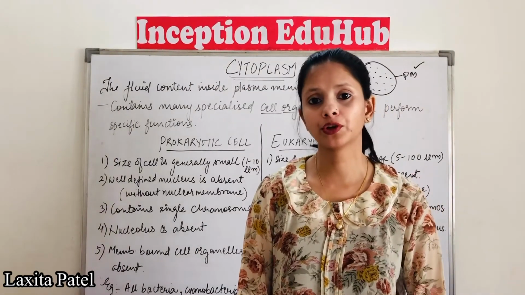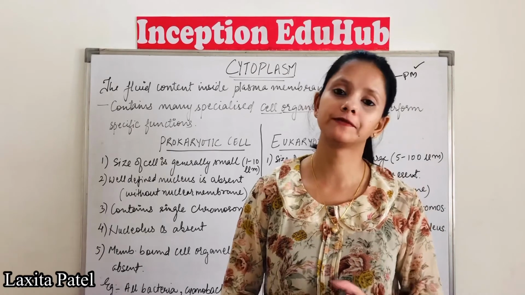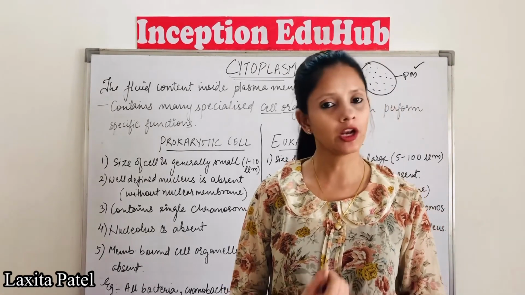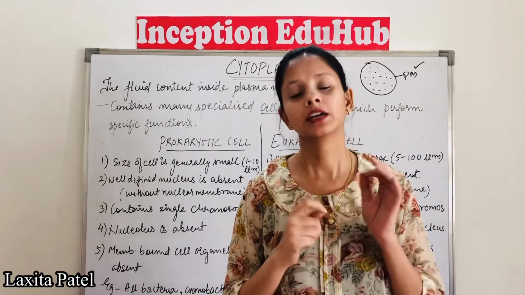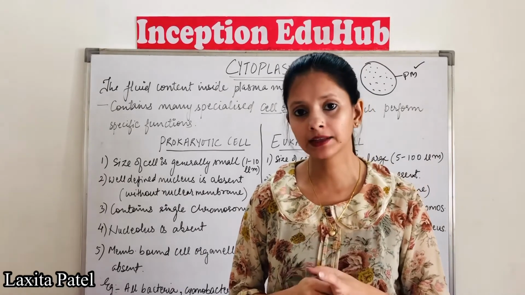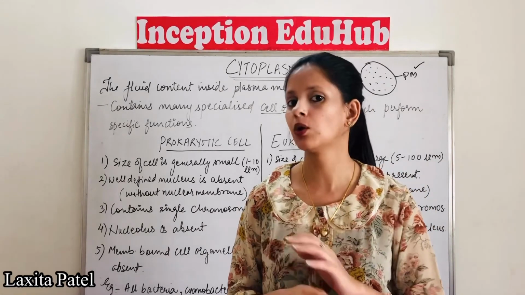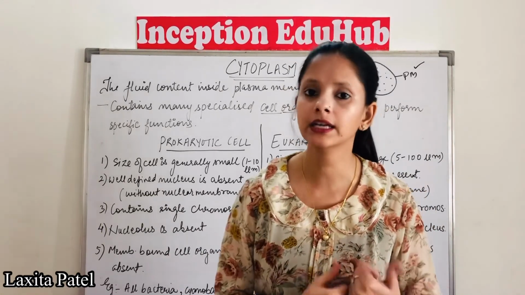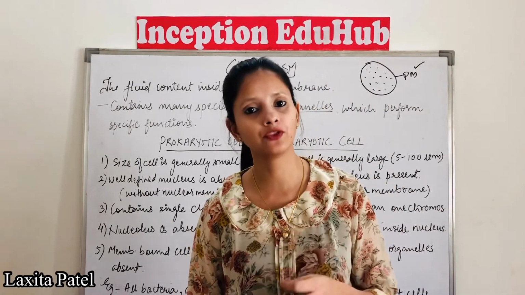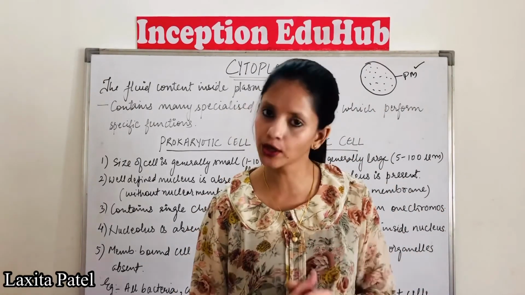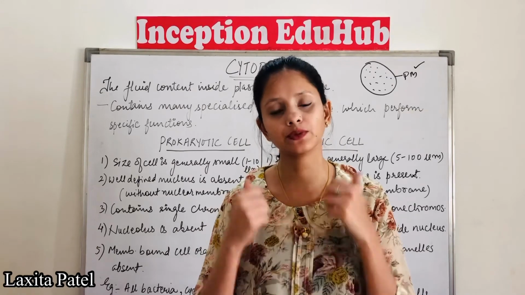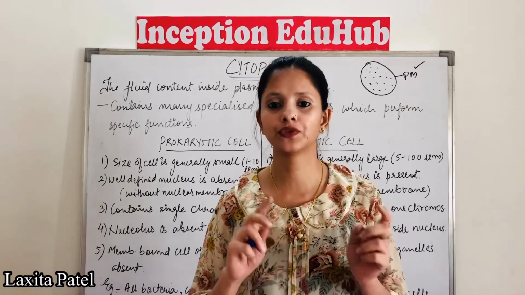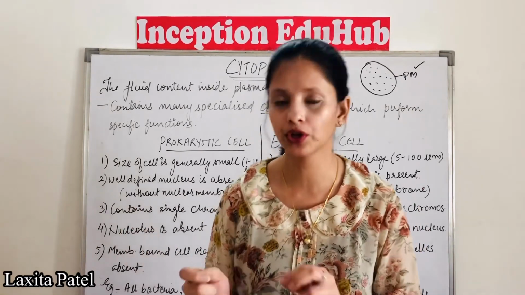Another important point of differentiation is the presence or absence of cell organelles. We all have already studied that prokaryotic cells lack the presence of membrane-bound cell organelles. On the other hand, eukaryotic cells have the presence of membrane-bound organelles. Okay, these were the points on the basis of which we can differentiate the two types of cells, prokaryotic and eukaryotic.